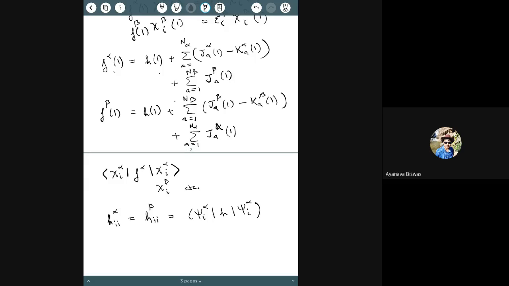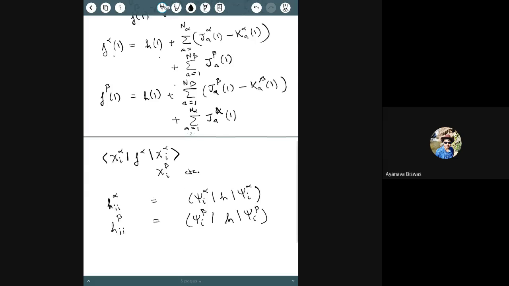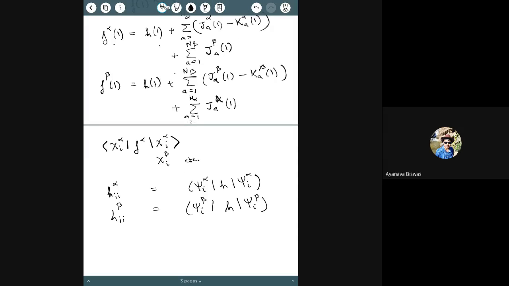So the value is not necessarily the same, but the expression is the same. And also the expression for the G II alpha alpha, G II beta beta, okay, G IJ alpha beta.